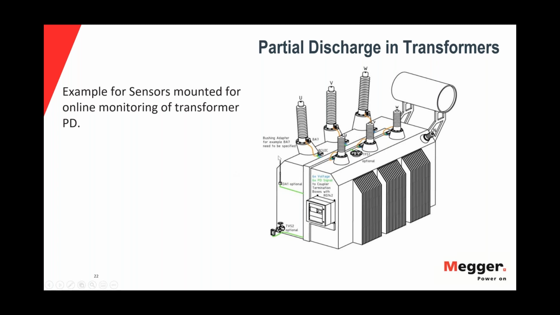So within a power transformer, for online measurement, you can connect at the bushing taps, connect UHF antennas down below and above, and also connect on the earth of the transformer using a clamp.